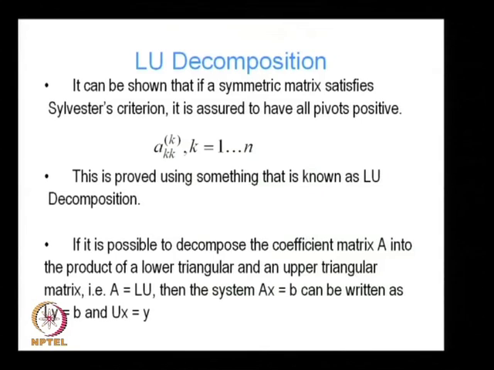It can be shown that if a symmetric matrix satisfies Sylvester's criterion, that is, it is positive definite, it is assured to have all its pivots positive, that is, A_kk superscript k, for k equal to 1 through n, is always going to be greater than 0.